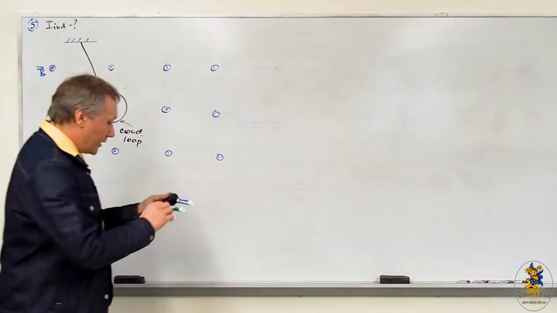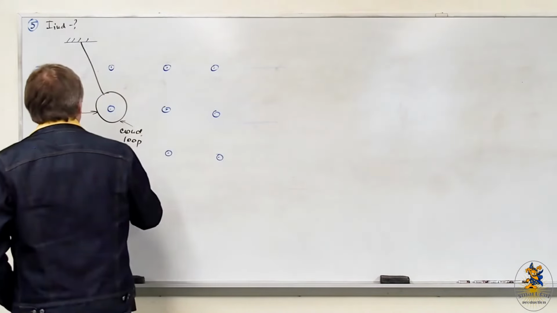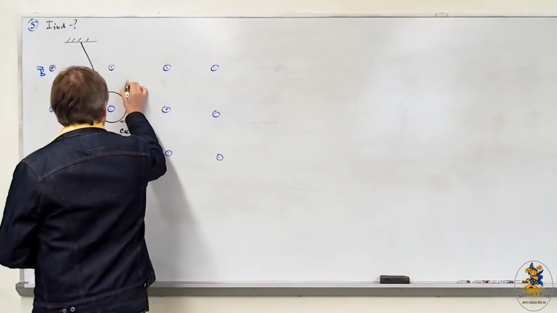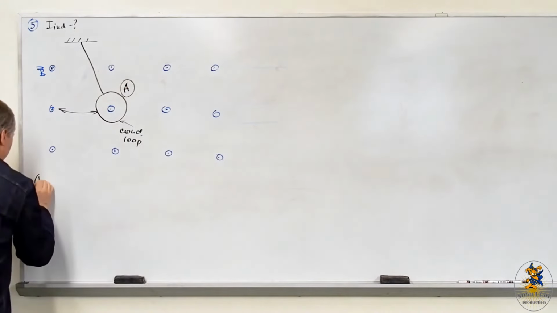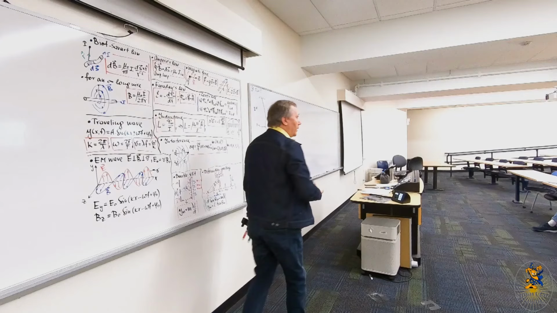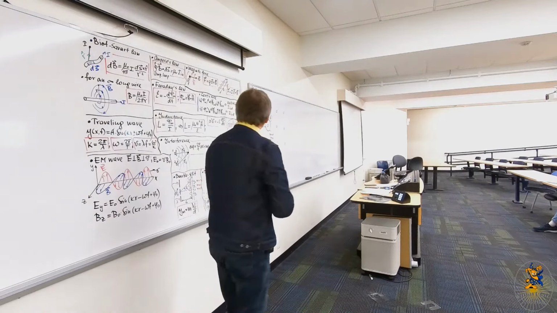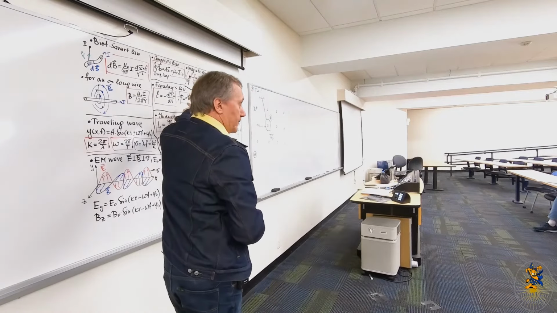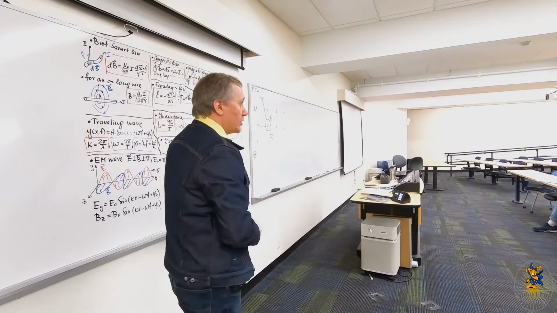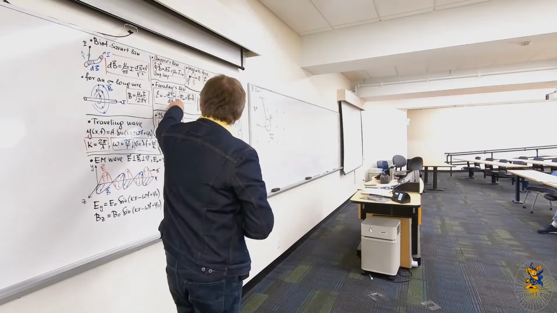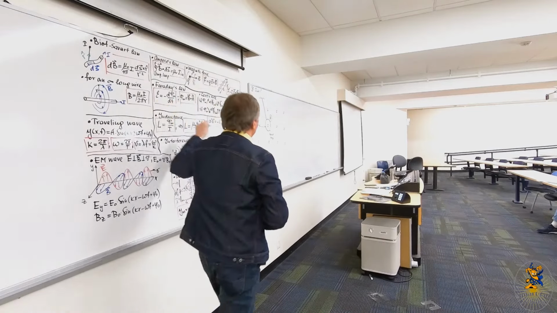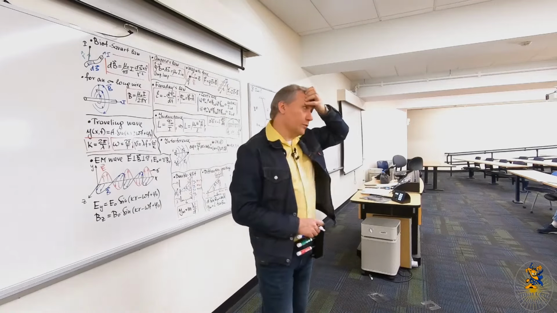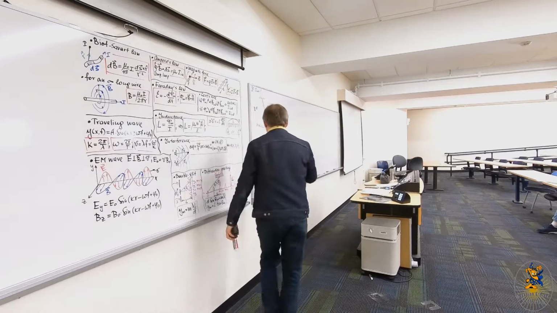Okay, so in order to answer this question, let me say this is part A, for example. Of course, we need to analyze magnetic flux to see if magnetic flux changes in time. If magnetic flux changes in time, then of course EMF is produced and current will flow through the loop. So what about the flux?